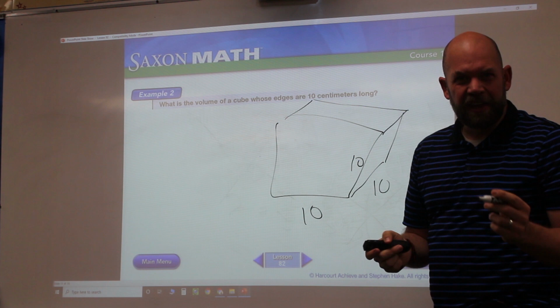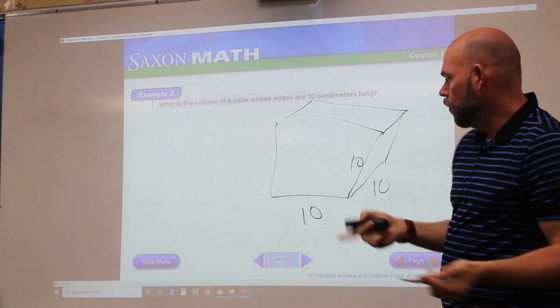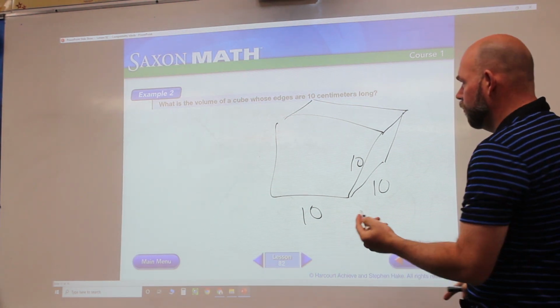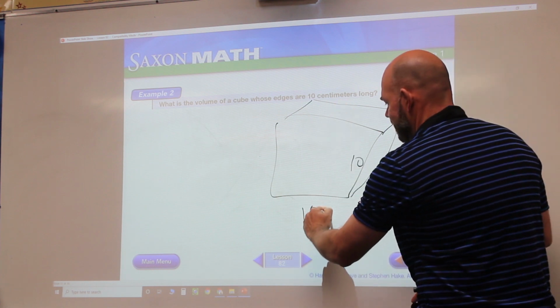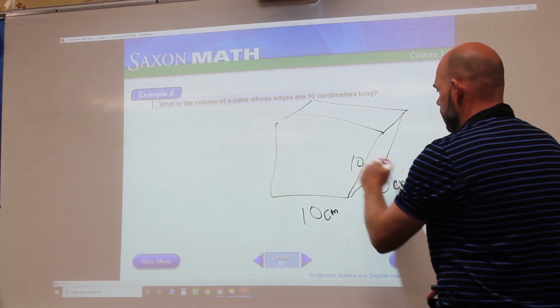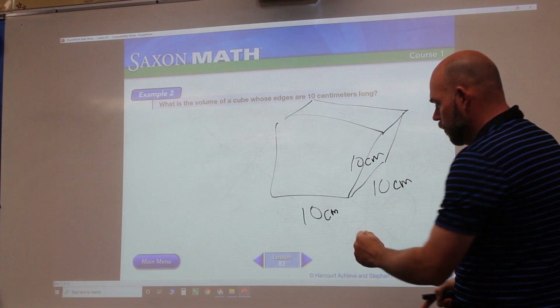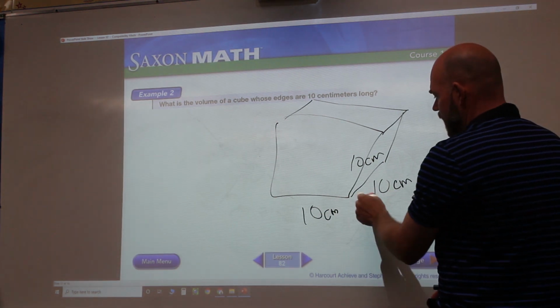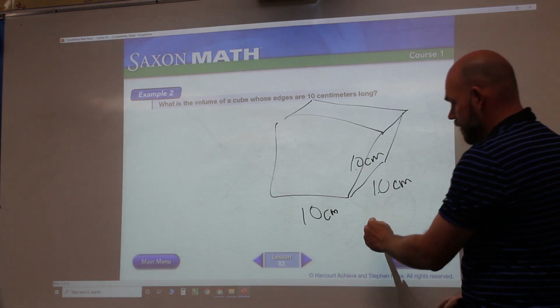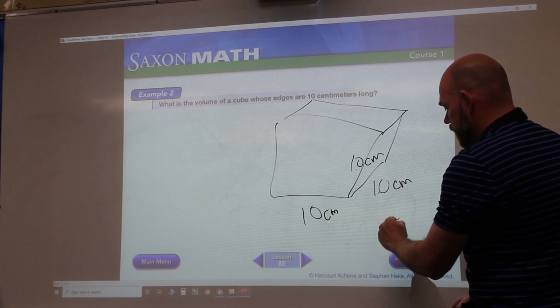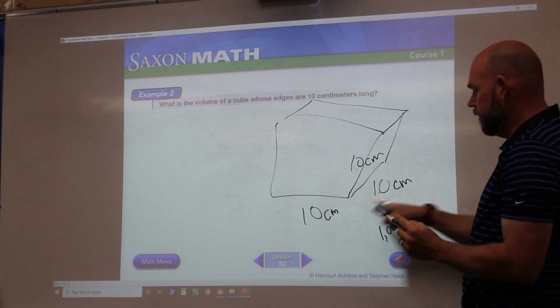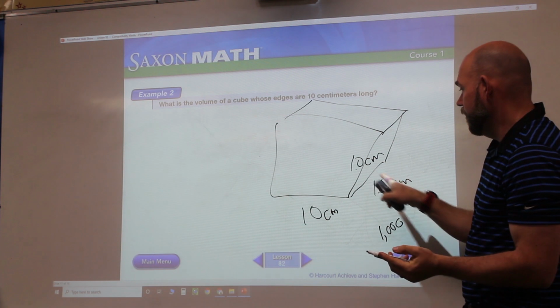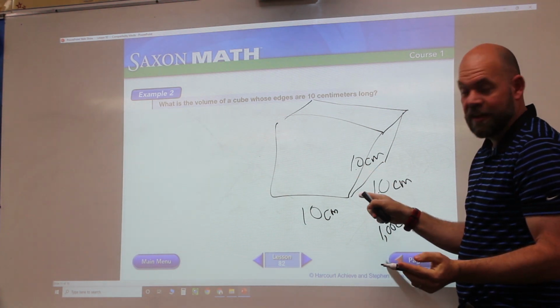Now remember, just like when we calculate area, we're not just multiplying the number, we're also multiplying the unit. So it's 10 centimeters by 10 centimeters by 10 centimeters. So we do the tens first. 10 times 10 is 100, times 10 is 1,000. And then we multiply the centimeters. Centimeter times centimeter is squared centimeters, times another centimeter is centimeters cubed.